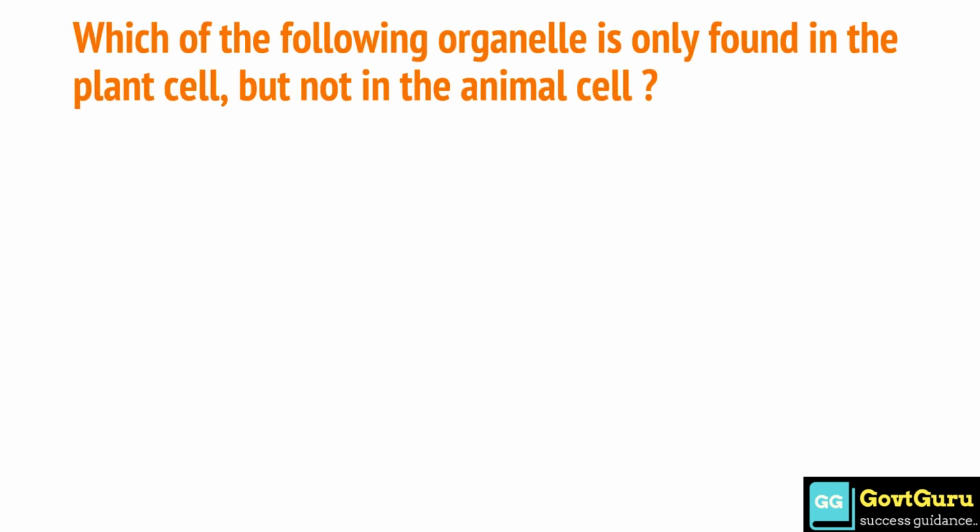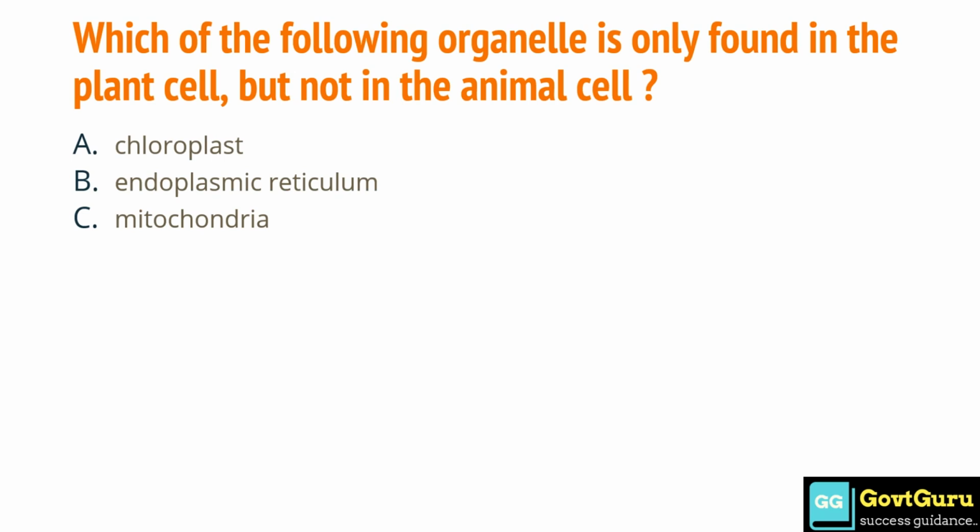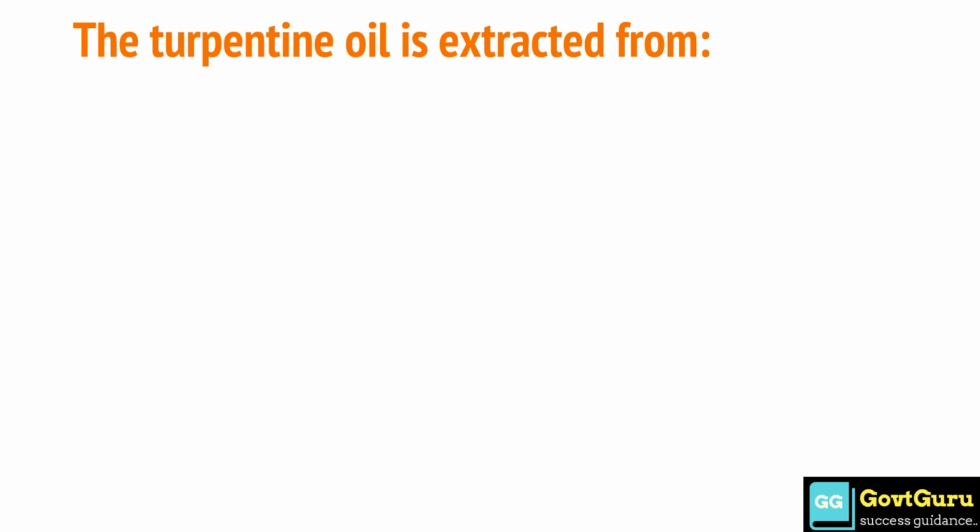Which of the following organelle is only found in the plant cell but not in the animal cell? Option A, chloroplast. Option B, endoplasmic reticulum. Option C, mitochondria. Option D, ribosome. So the correct answer is option A, chloroplast. The turpentine oil is extracted from option A, nettle.